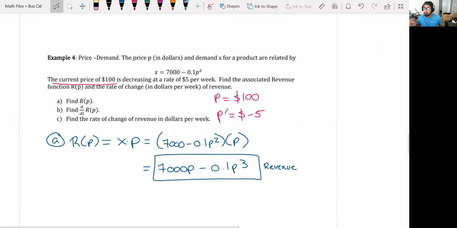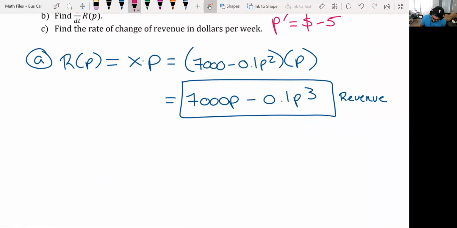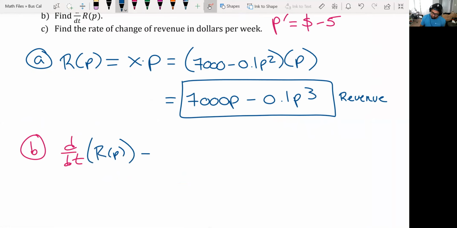Okay. And then B, since we found the revenue, take the implicit derivative with respect to time. That's what we do in B. So B says d over dt of R of P equal to d over dt of 7,000 P minus 0.1 P cubed.